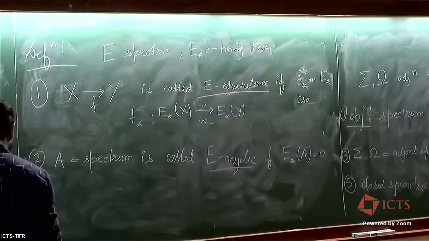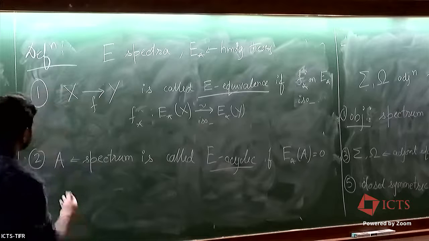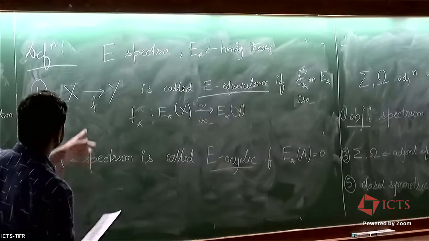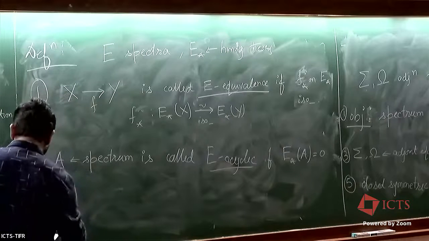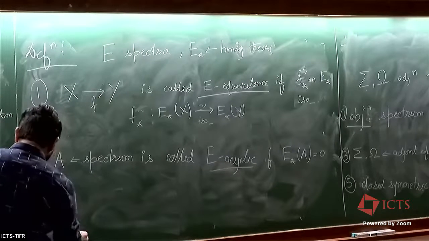And third, if we can define localization with respect to the spectra, where does the image of that localization lie? It is the E local objects.